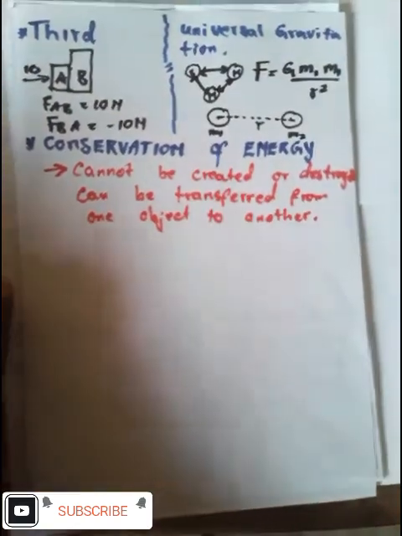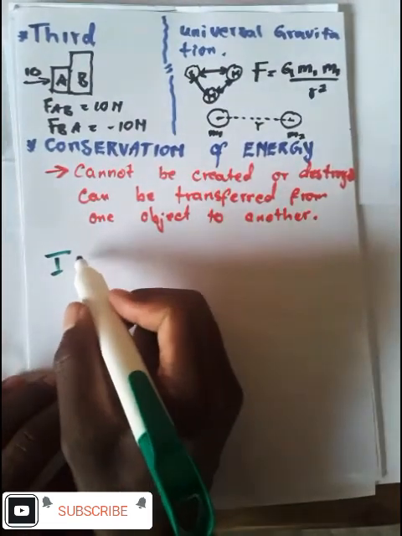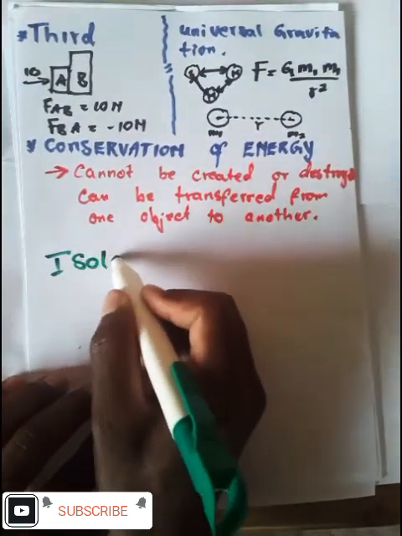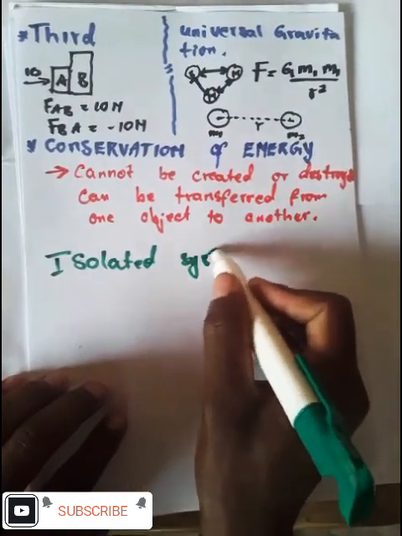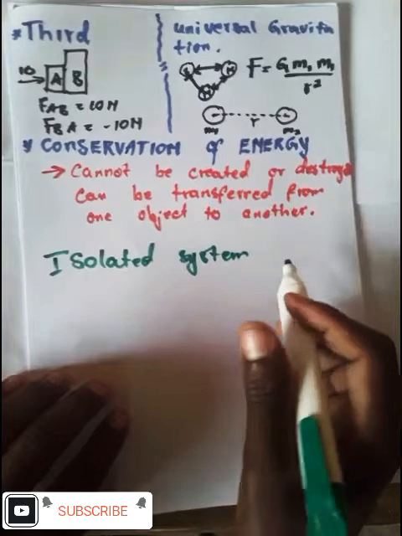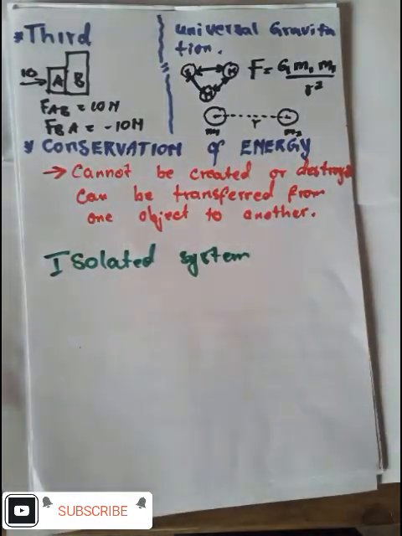an isolated system is a system where, like, I will even cover that in this video. Isolated system. I want you to understand what a system is first before we can talk about this one. A system is actually just a group of objects, or one object or more, that we can separate in our minds.